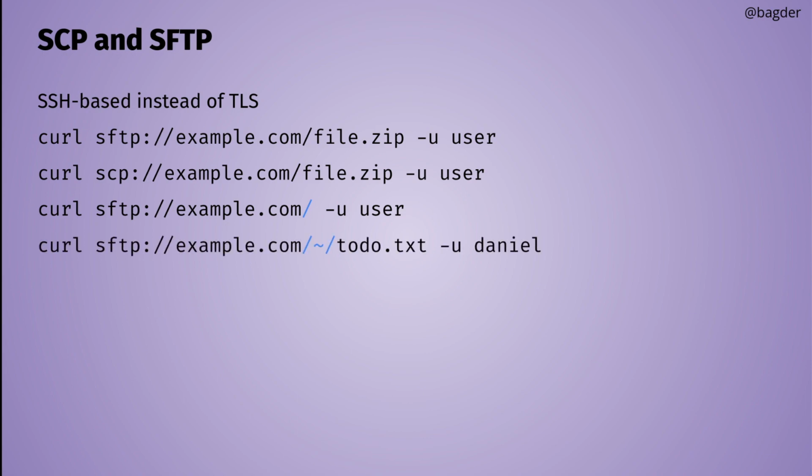A little peculiar thing with the SFTP URL format is that if you see this tilde thing at the beginning of the path, it means it gets this file todo.txt from the user's home directory, based on the particular user that accesses this site.